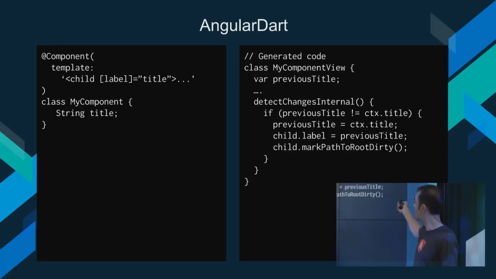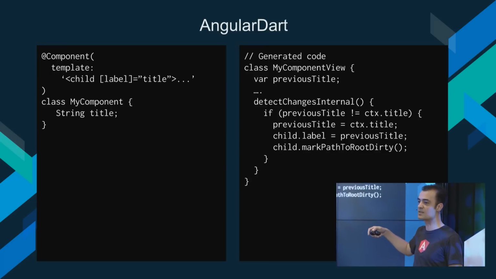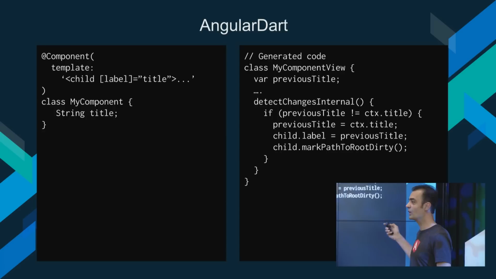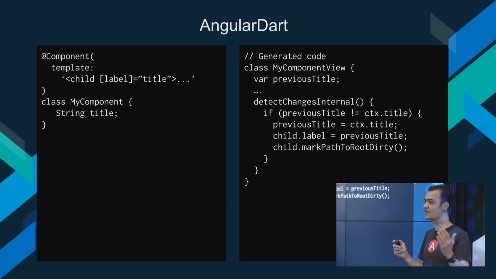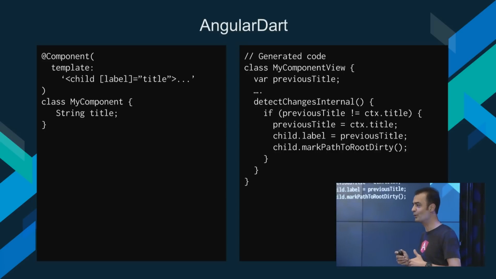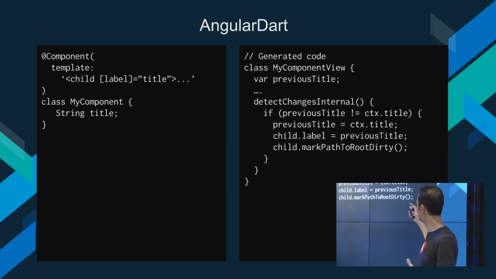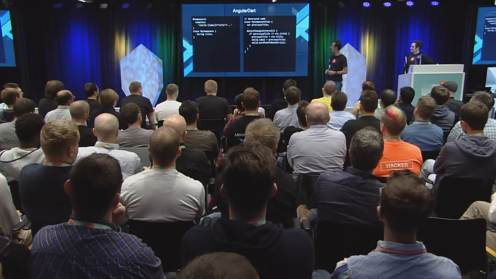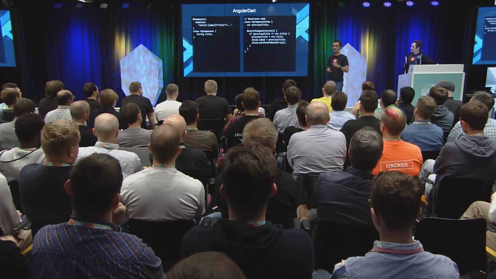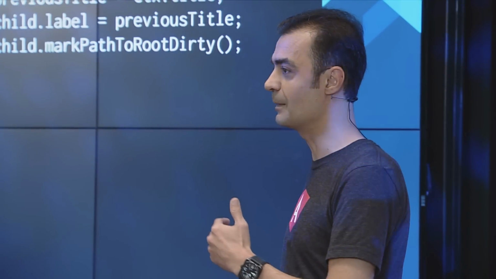And we create this code that basically checks the new value against the old value. And if there was a change, it updates your template. However, all the Angular components, by default, are marked as check me always. So if any event happens in the system, it will check all your components. And if there's a change, it will mark the children dirty if they have property changes. So there's a lot going on behind the scenes to make the zone turn actually update the templates.